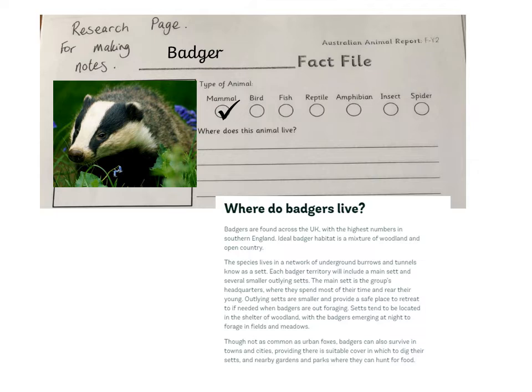So I would say the creature lives in woodland and open country, in the open countryside, but it also lives in a network, so it burrows under the ground, it lives in tunnels known as a set, okay? So have a careful read of the information and pick out the key points to add to your plan, okay?